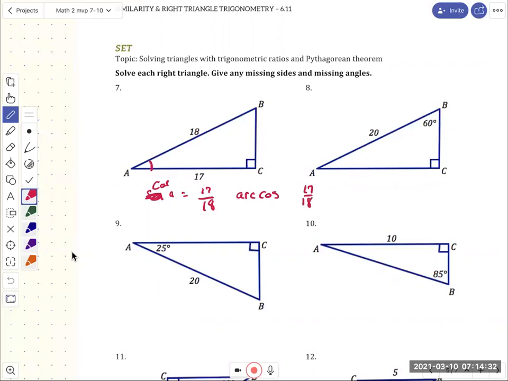Once you know this angle, you can just subtract from 90 and get the other one. Then you could say sine of that angle to 18 with the angle that you got from there, and you could do that.